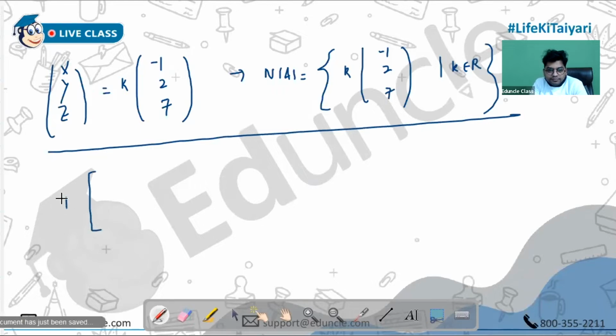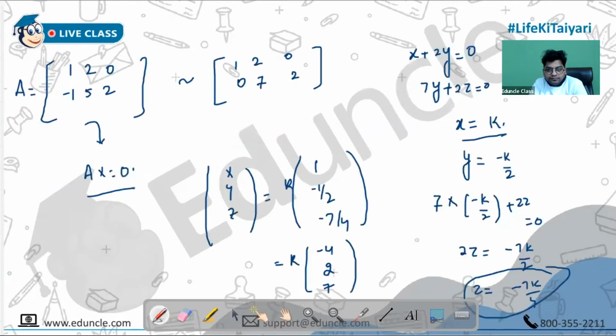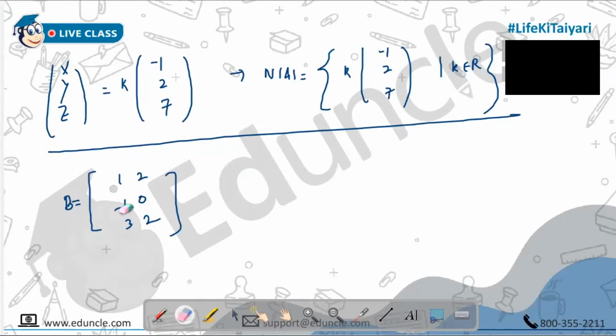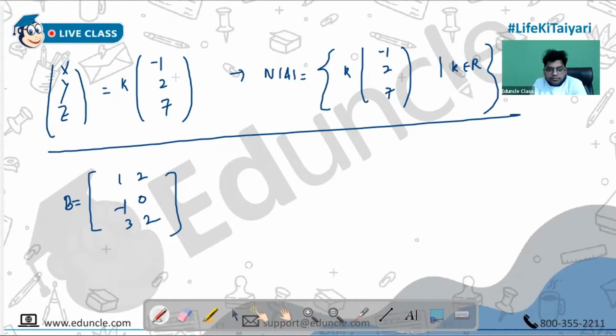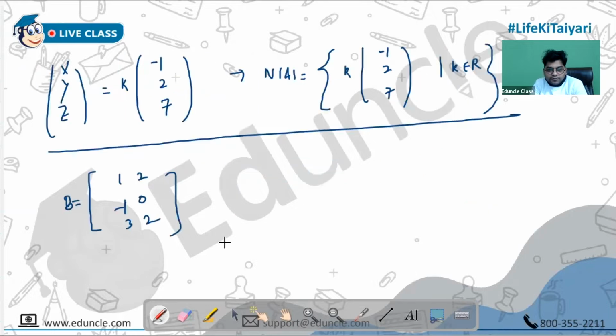B equal to 1, 2, minus 1; 0, 3, 1. This is the problem. So what is the linear transformation T of x, y, z?